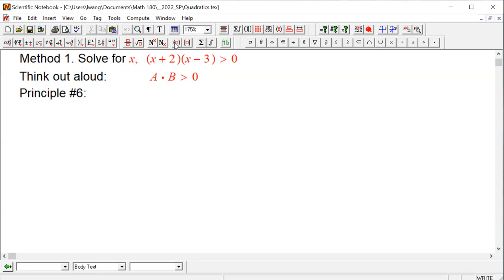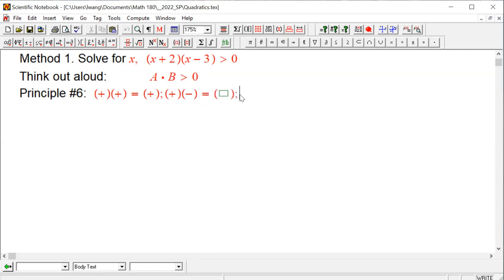Principle number 6 tells us that if we multiply a positive number by a positive number, the result is going to be a positive number. If we multiply a positive number by a negative number, the product is going to be negative.